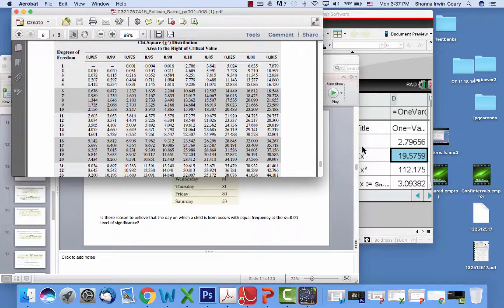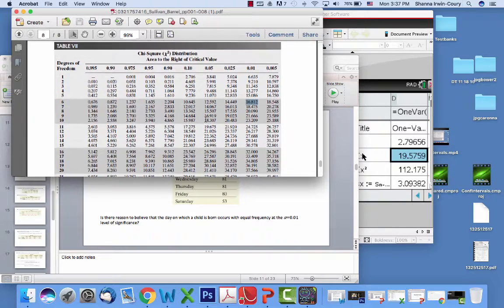Okay, so chi-square value, and we have 7 values, so our degrees of freedom are 6. And then we wanted alpha 0.01. So here we are, 16.812.